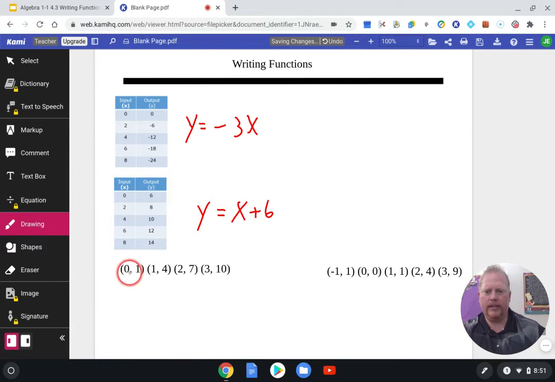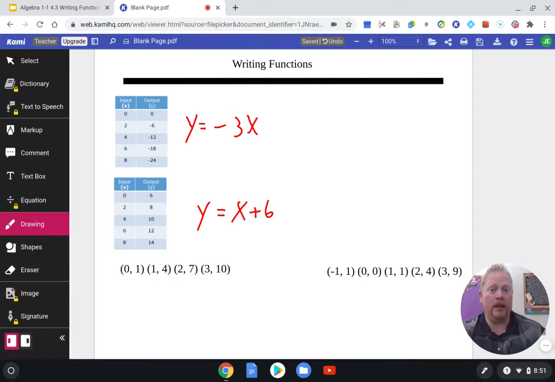So let's take a look at this one. What do I have to do to 0 to get it to be 1? Well, I can add 1. Does that pattern hold up? 1 plus 1 is not 4. All right, 2 plus 1 is not 7. Let's see here. What can I do to 1 to get it to be 4?